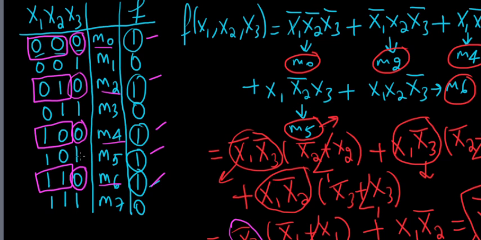We actually want to see another pattern here that would help us see some sort of a relationship in combining pairs. I can easily see here that M5 and M4 have something in common. For example, regardless of what X3 is, X1 is 1, X2 is 0.